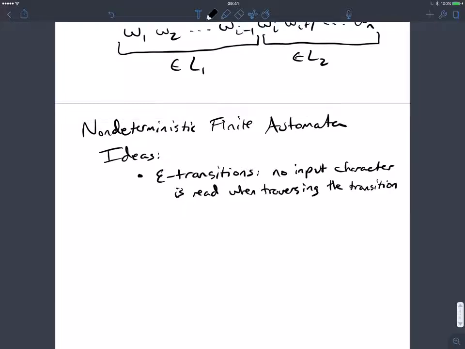I'm going to define it formally in a second. But the idea is that in addition to what we had before, we're going to allow you to have these so-called epsilon transitions where I don't read a character if I choose to execute that transition. Okay? I don't have to execute this transition because I have choices now.